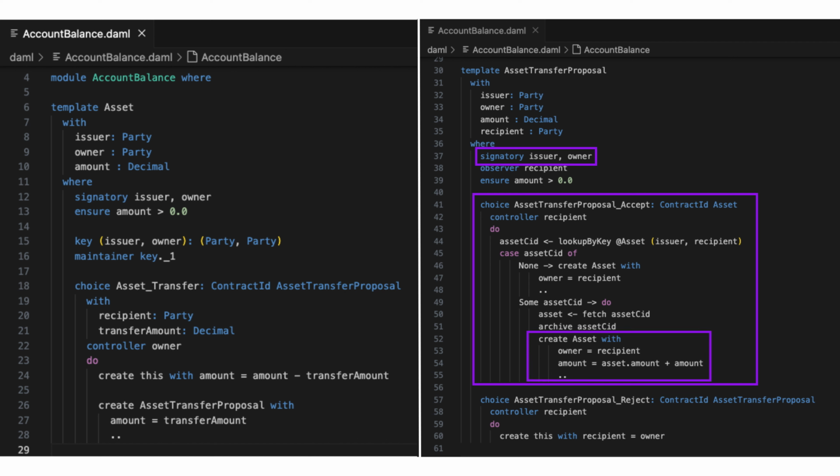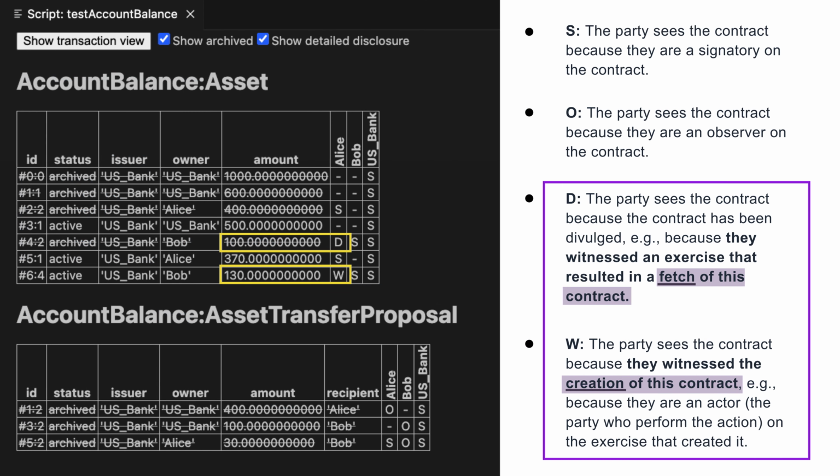However, Alice is not one of the stakeholders of the contract that's been newly created as a result of the exercise action. It is important to note that both D and W indicate that the contract became visible to non-stakeholders.